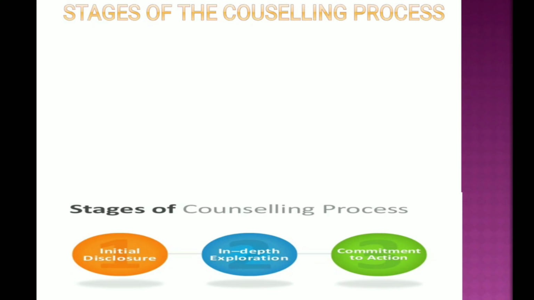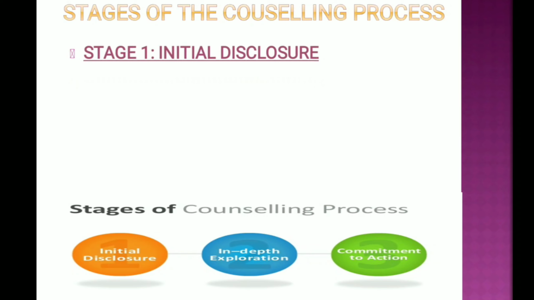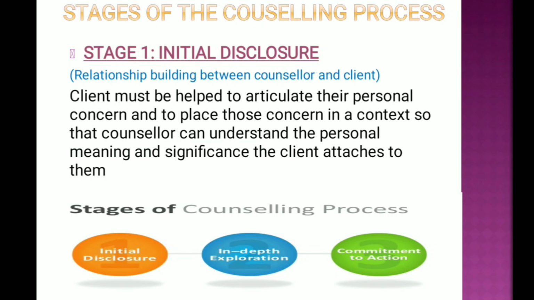Now we will discuss stages of the counseling process. First stage is initial disclosure. At the beginning of the counseling, the counselor and the client typically do not know one another. So it is important to build up a relationship between counselor and the client so that the counselor can understand the problem of the client and be able to solve it.